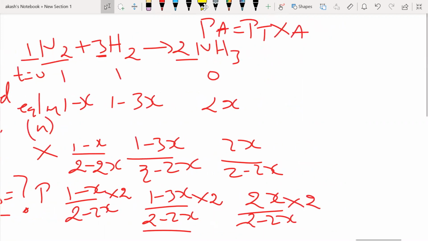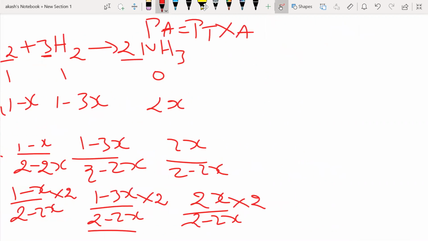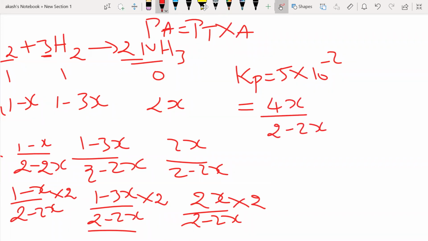They have given us the Kp value. So Kp is some 5 into 10 to the power minus 2, and that is equal to all this. I have to substitute it properly. So it will be 4x divided by 2 minus 2x, the partial pressure of NH3, the whole squared, divided by 1 minus x by 2 minus 2x, multiplied by 2.